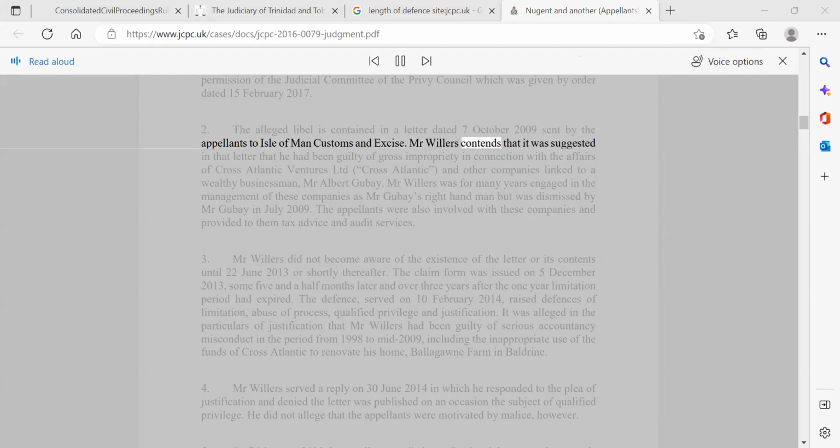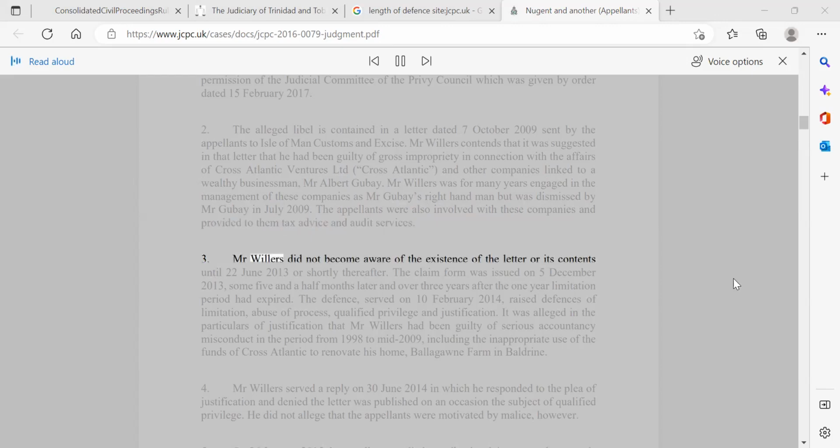Mr. Willers contends that it was suggested in that letter that he had been guilty of gross impropriety in connection with the affairs of Cross Atlantic Ventures Ltd., Cross Atlantic, and other companies linked to a wealthy businessman, Mr. Albert Gubay. Mr. Willers was for many years engaged in the management of these companies as Mr. Gubay's right-hand man, but was dismissed by Mr. Gubay in July 2009. The appellants were also involved with these companies and provided to them tax advice and audit services.